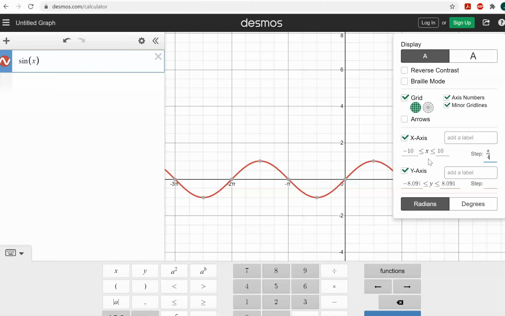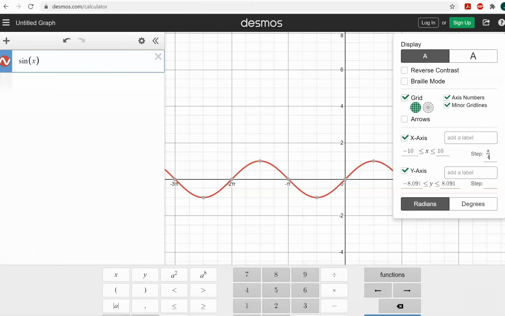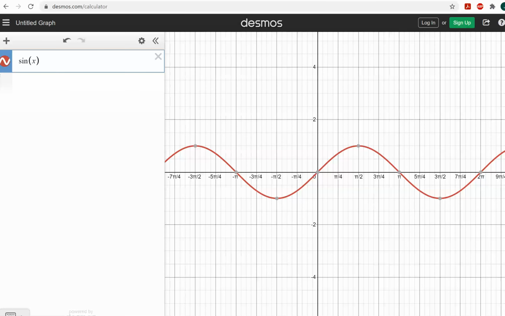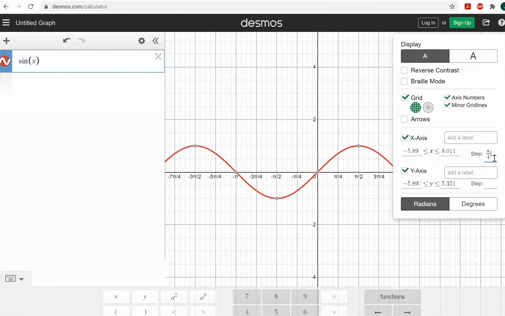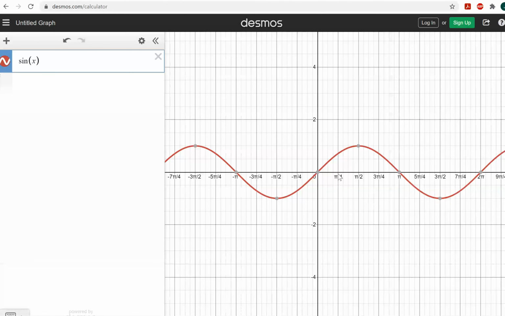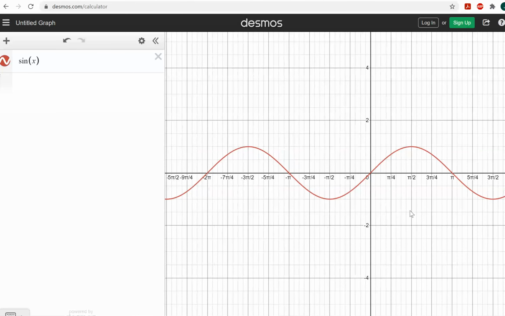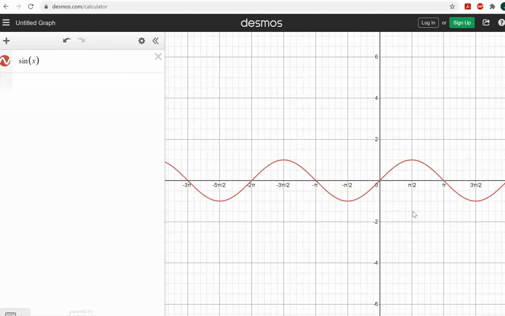So now I close that down. Yeah, pi/4. So now I can see my pi/4, pi/2. You can see it's marking those crucial points that hit the midline and the peak and the minimum as well. So now it helps me visualize where I am in terms of radians.